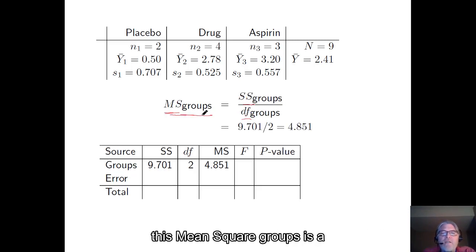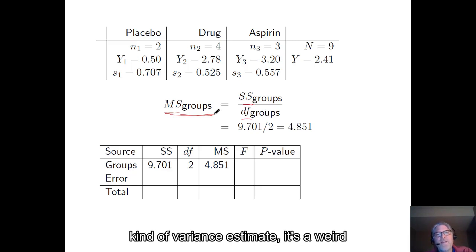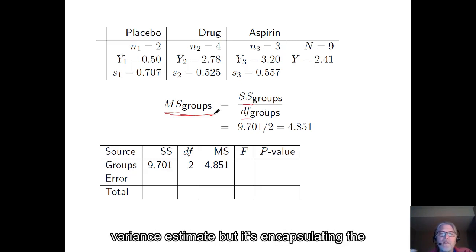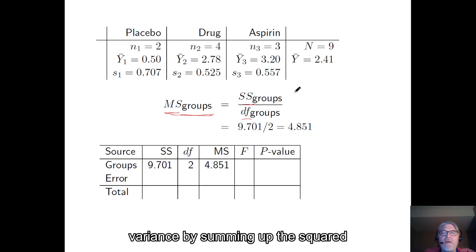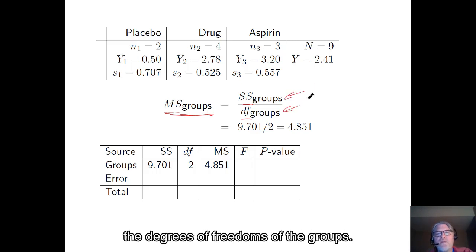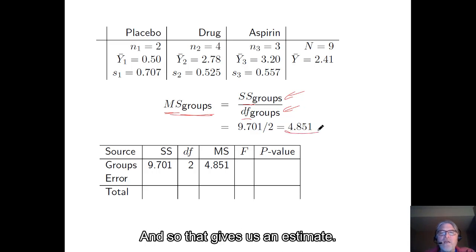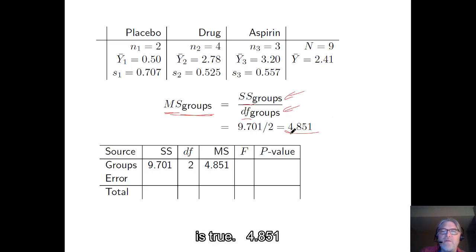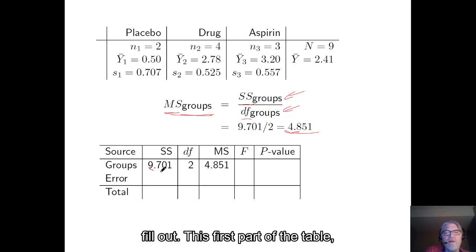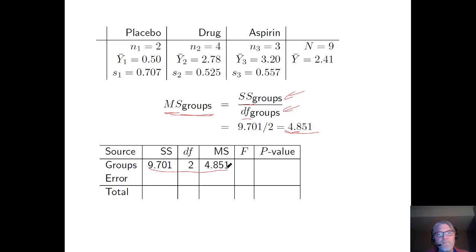So this mean squared groups is a kind of variance estimate. It's a weird variance estimate, but it's encapsulating the variance by summing up the squared deviations in the groups and dividing by the degrees of freedom of the groups. And so that gives us an estimate that is an unbiased estimate of the variance if the null hypothesis is true, of 4.851 hours. So that's how we fill out this first part of the table.